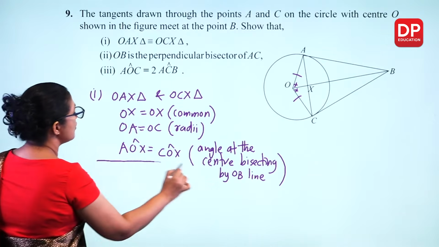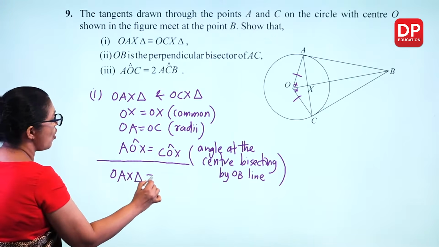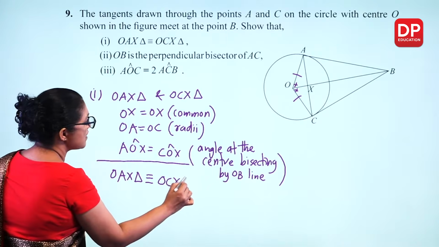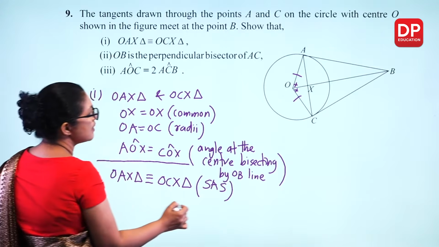Now, according to this, you can say triangle OAX is congruent to triangle OCX because of side angle side.